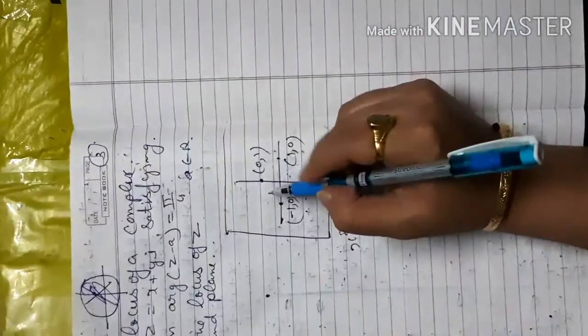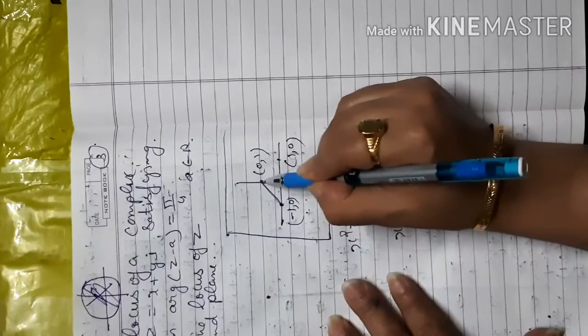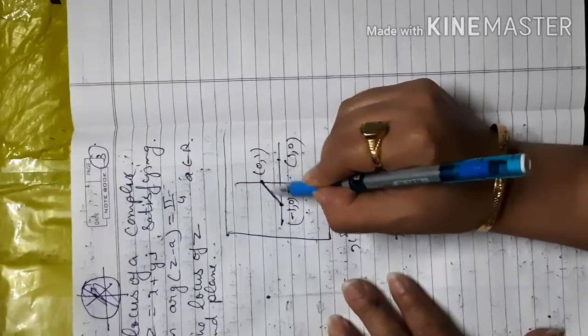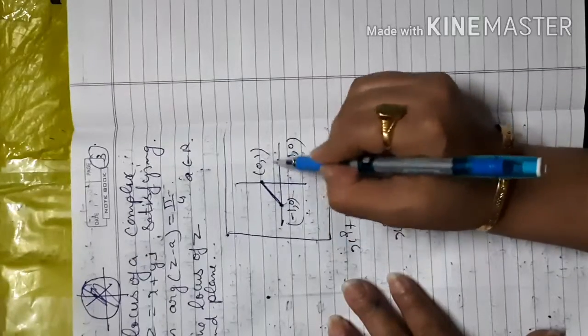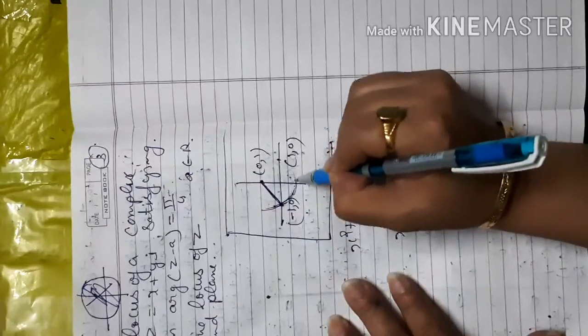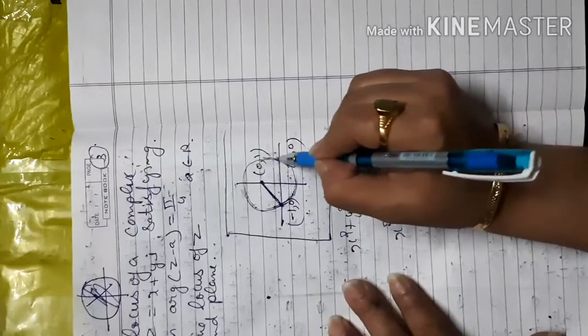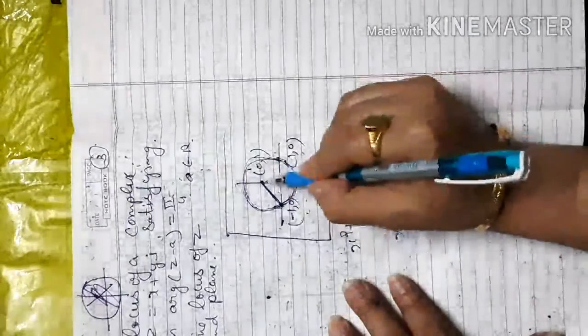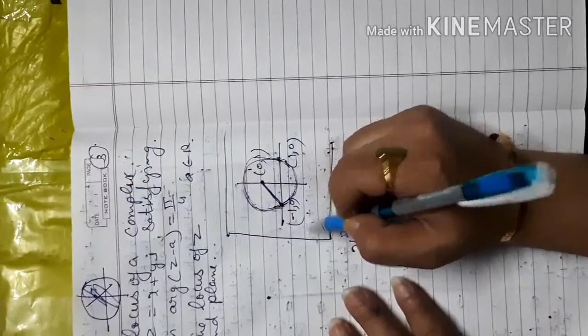Okay, so this is the radius of the circle, from the center to this point, because these 2 points pass through the circle. So when you draw the circle, this will be your required circle. And you have to find the location of the complex number.